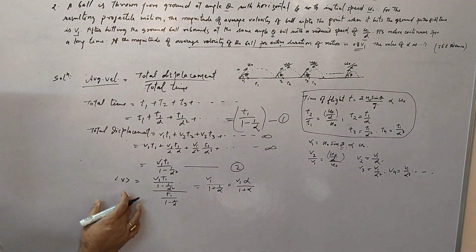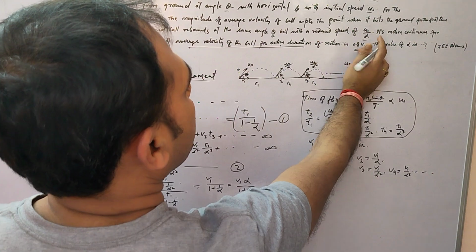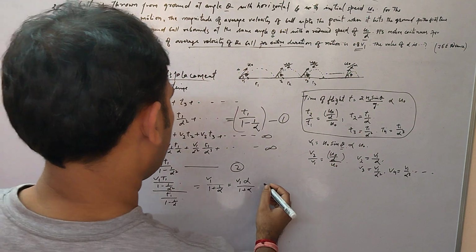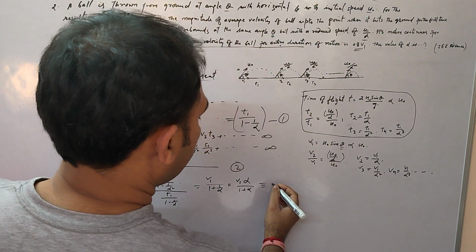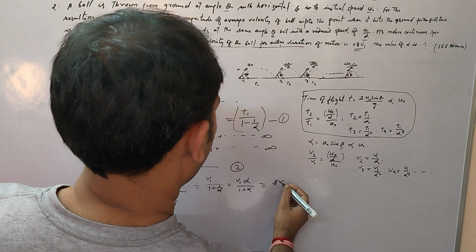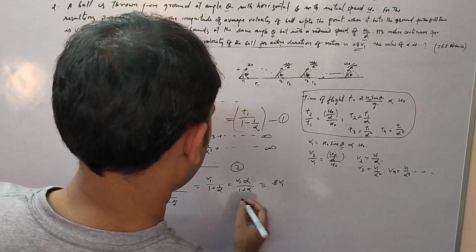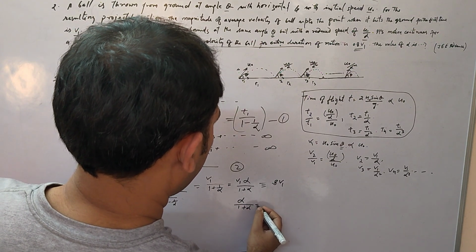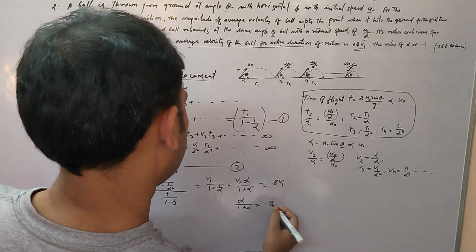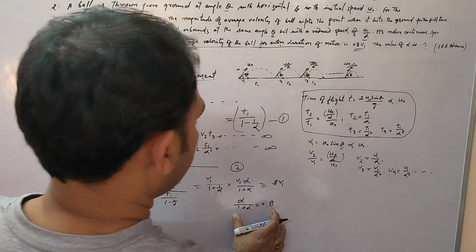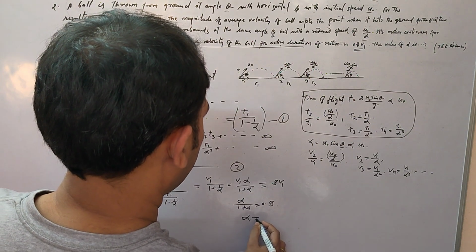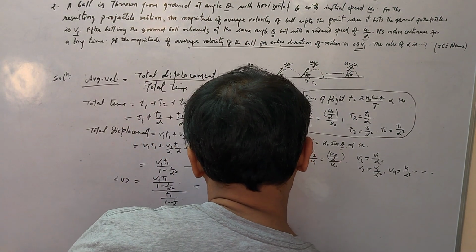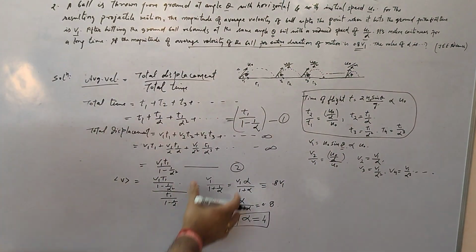So this will be the average velocity, and this is given as 0.8 V1. So we can equate it with 0.8 V1. So alpha upon 1 plus alpha will be equal to 0.8. From here you can calculate the value of alpha. This will be equal to 4. This is the answer.